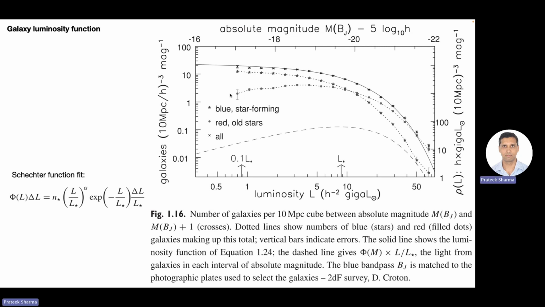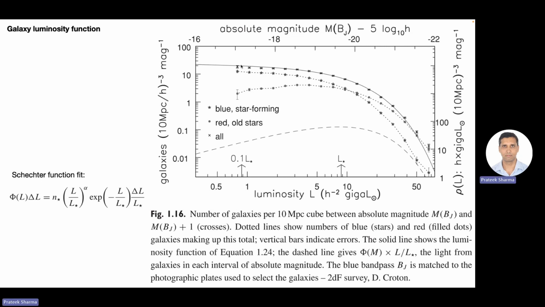And at lower masses, you have blue star-forming spiral galaxies dominating. You see that. And if you don't distinguish between blue and red, if you sum them up, this is what you get. Okay. This is the galaxy luminosity function. This is actually very commonly used in galaxy studies.